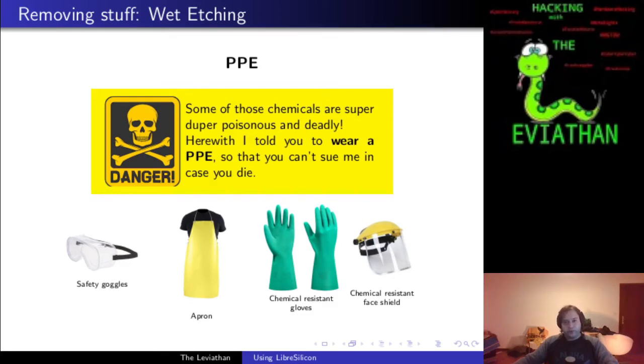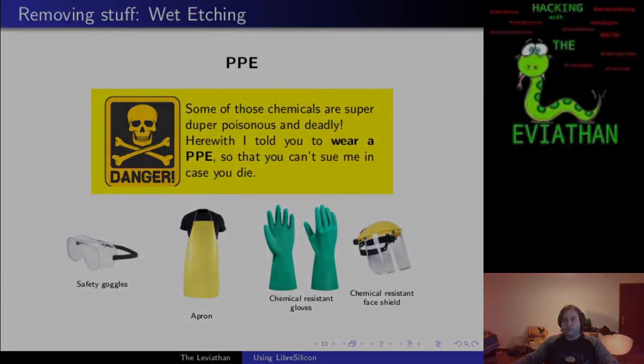Maybe not the obnoxious neighborhood Karen who wears PPE when she's going to buy groceries. Ask someone who really knows what they're doing. But if you're unsure and you don't feel 100% confident handling those chemicals, please don't be ashamed to ask for advice.